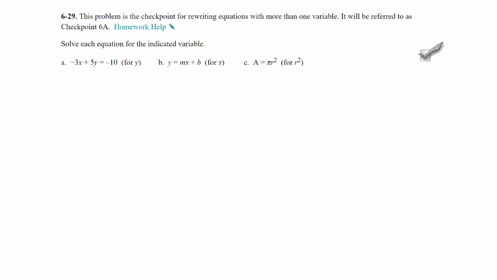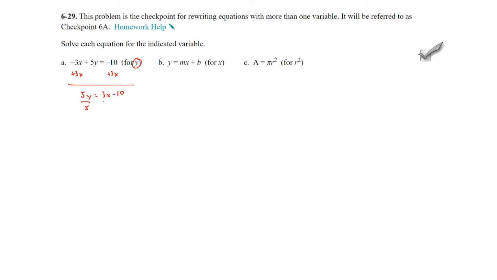29. This problem is the checkpoint for rewriting equations with more than one variable. It will be referred to as checkpoint 6a. Solve each equation for the indicated variable. So on part A, we're solving for the y value. So we will add 3x to both sides. That is 5y equals 3x minus 10.